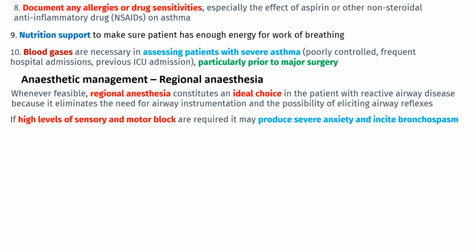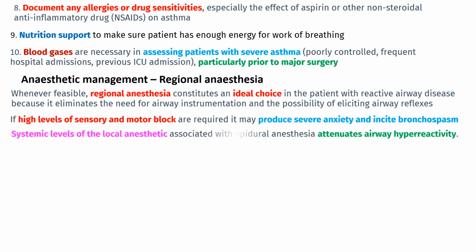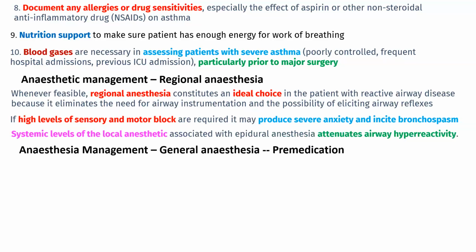So that is how the mechanism works. And systemic levels of local anesthetic after epidural anesthesia may also reduce the hyperreactivity. So if you give an epidural block, give a good volume of local anesthetic, part of it will get absorbed and come into the circulation, and that also will help to reduce the airway reactivity.